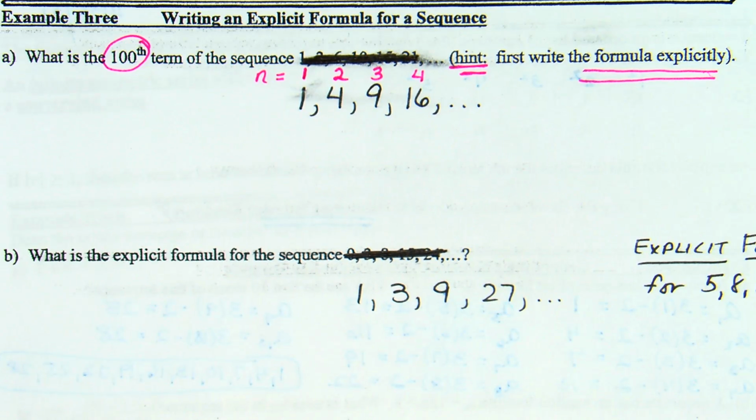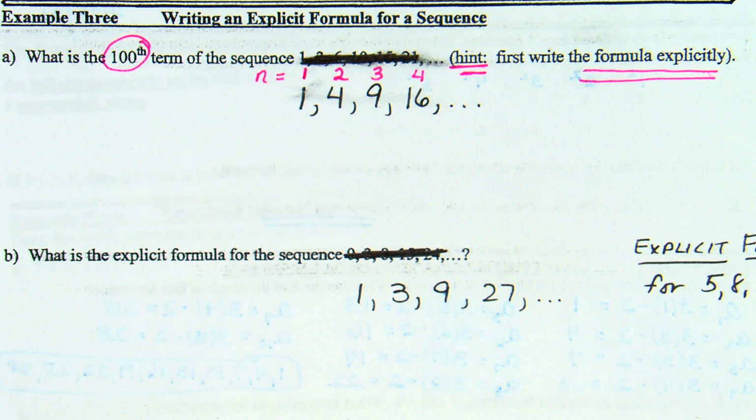So when I ask you to find the 100th term, I need a formula that I can plug 100 into, and it will accurately find the 100th term. So I always start by writing down, right above it, first term, second term, third term, fourth term. You're looking for a connection between those term numbers and the terms in the sequence. Am I making sense here?